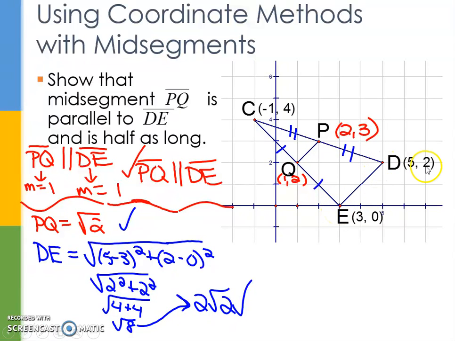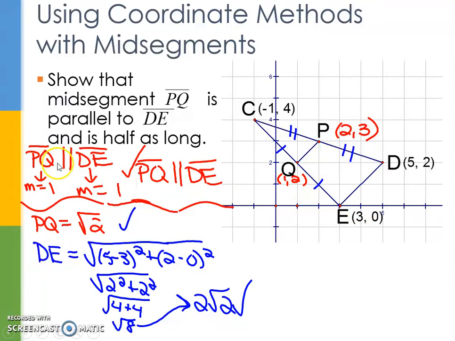D is 5, 2. So you do y2 minus y1 over x2 minus x1. 2 minus 0 is 2. 5 minus 3 is 2. 2 over 2 is 1. So this has the same slope as this. That means they are parallel to each other. Remember in algebra, when you have the same slope, the lines are parallel. So that is how you prove it.